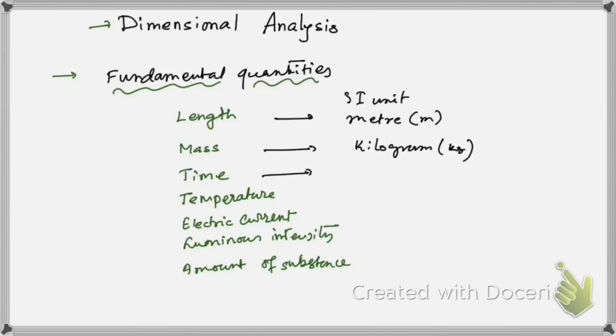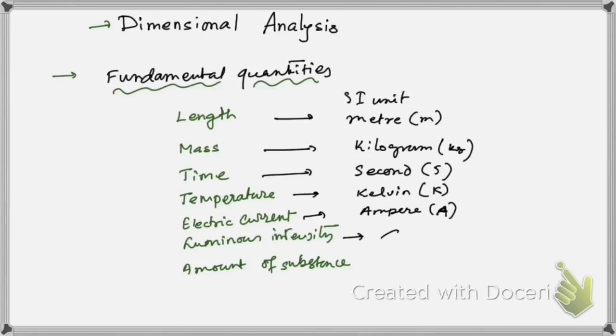And that of time is second, so the symbol is simply s, and temperature is measured in Kelvin, that is K, and electric current is ampere, so the symbol is A, right? And luminous intensity is candela, that is cd, and the amount of substance is mole, in short mol we write.